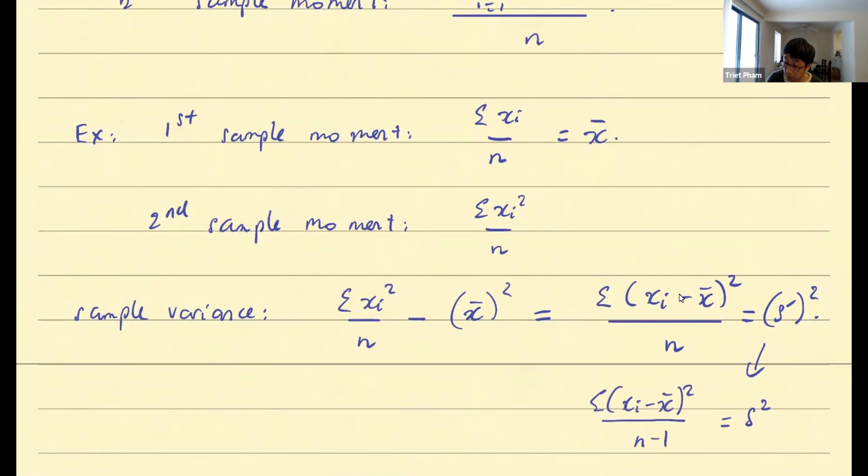Is that okay? So the sample variance in the case of the method of moments will be the division by n version rather than the division by n minus 1 version we discussed before. So to save confusion, I will refer to it as s prime square rather than s square. Is this okay?